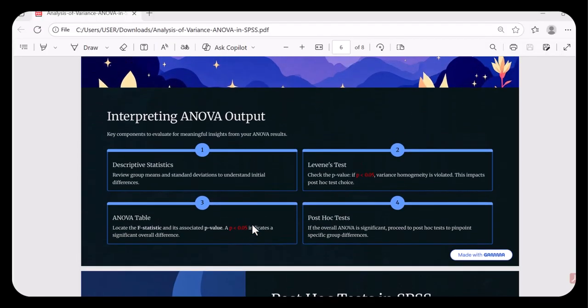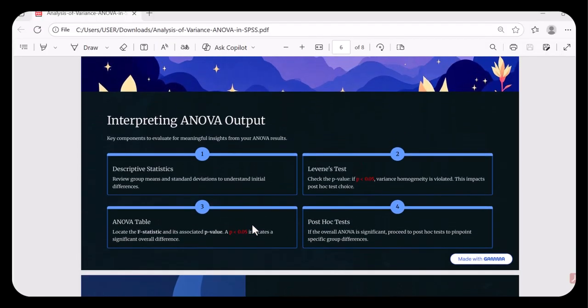While interpreting ANOVA, when the result output comes out, there are four major things to give attention to. Number one is the descriptives, that means the mean, most especially the mean. You can talk about the mean first: this is bigger than this, this is smaller than the other.